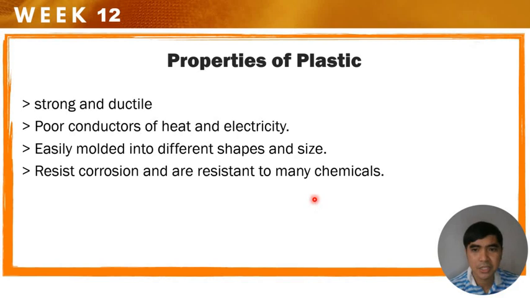Next, these are the general properties of plastic materials. First, plastic materials are strong and ductile. They are often selected for applications that require toughness and impact resistance. Certain plastics such as ABS, are you familiar with ABS plastics? Those plastic materials are very strong.